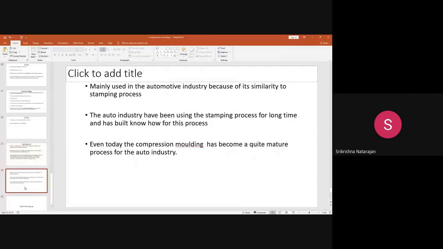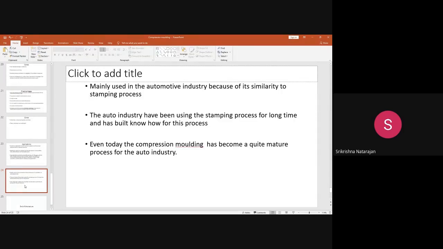So there are many advantages and many applications in this process, and it finds application more in the automotive industry, because the auto industry has been using this stamping process, quick stamping, for a long time, so they know very well how to use it for whatever product they want to make, like a bumper or fenders.